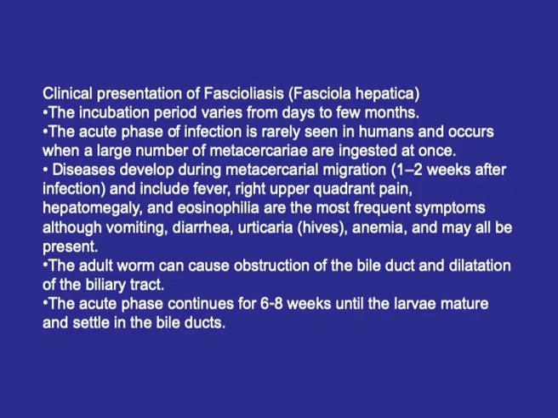During this acute phase, symptoms like hepatomegaly, eosinophilia, vomiting, anemia, and diarrhea may be observed. Also this worm obstructs the bile duct. So, the total duration of this acute infection is about 6 to 8 weeks.